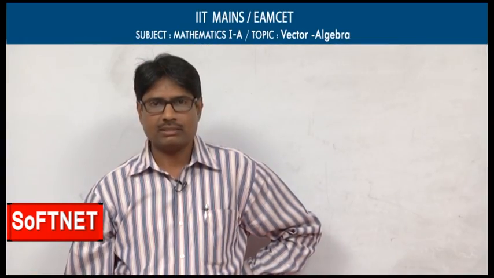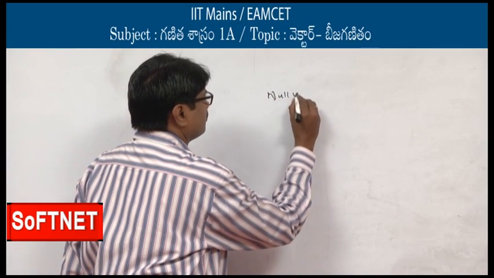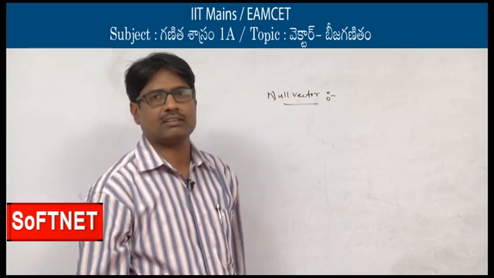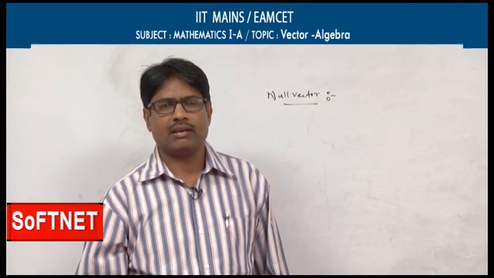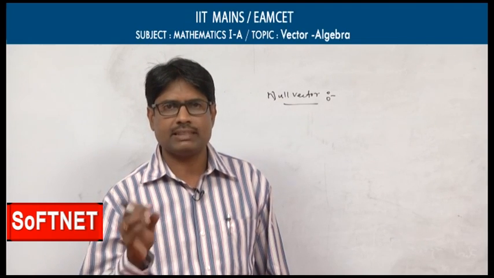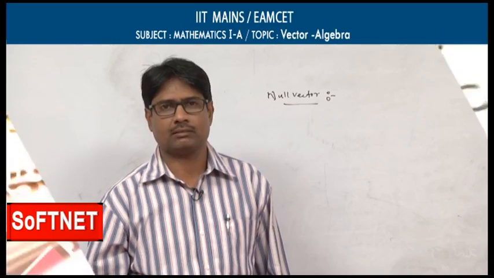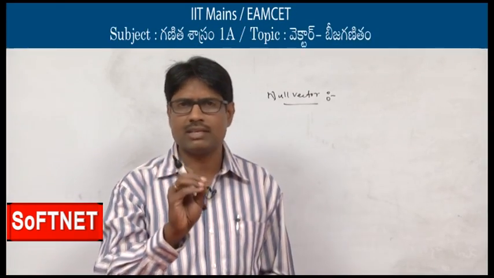First we will come across null vector. Null vector, a vector whose magnitude is 0 and denoted by 0 bar, is called a null vector. Every vector quantity will be concerned with the magnitude as well as direction.